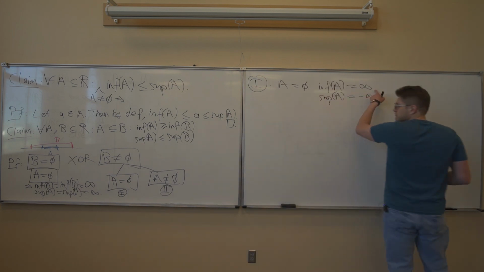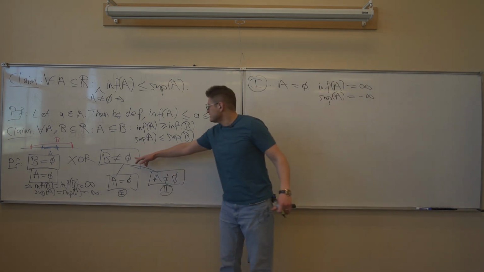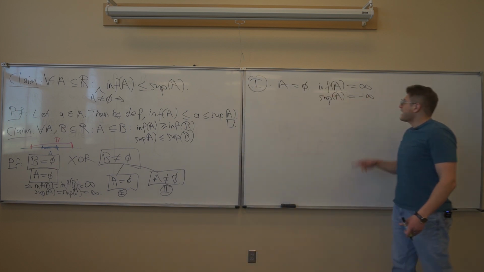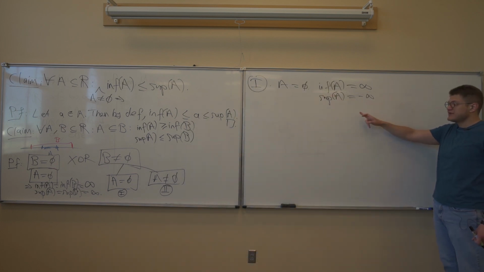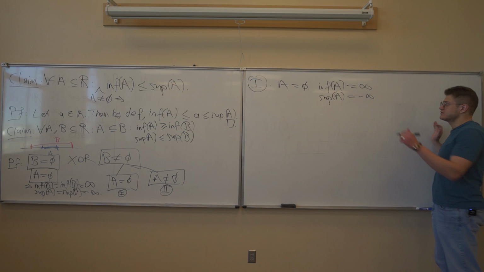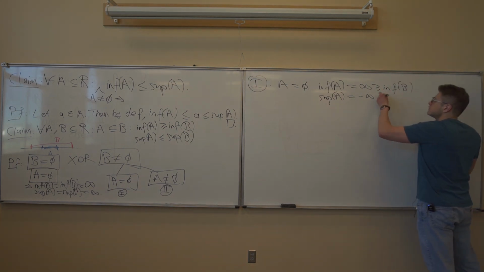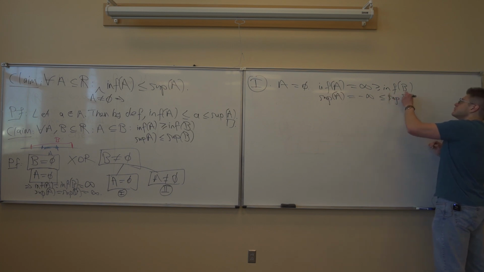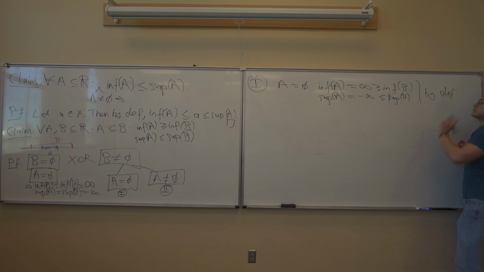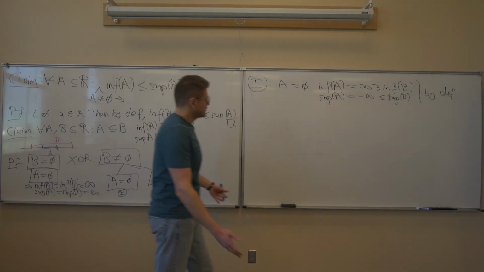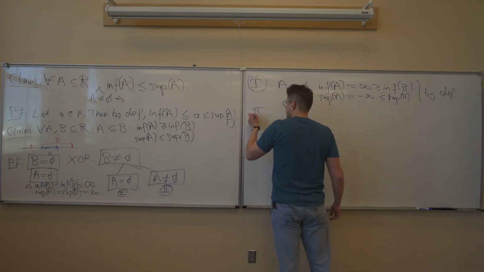But then, I don't care what really B is. Inf of B is going to be at most infinity, and sup of B is going to be at least minus infinity. So again, really, there's nothing to do. So that's that case.